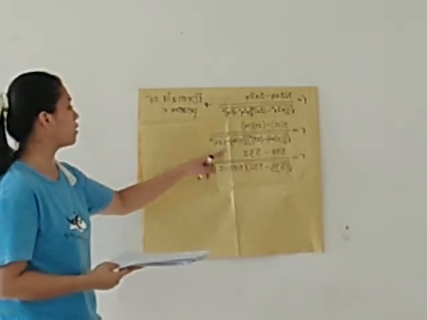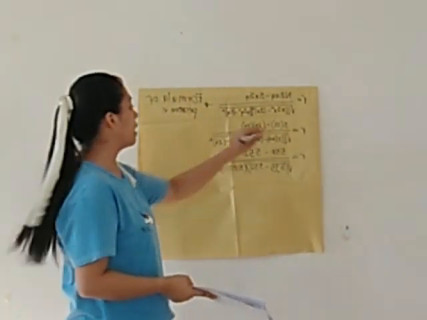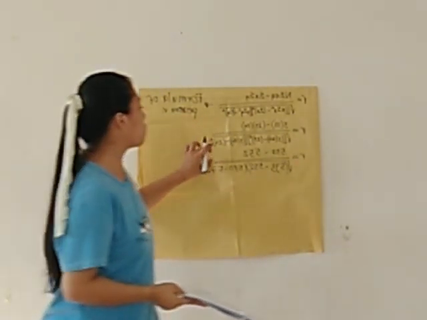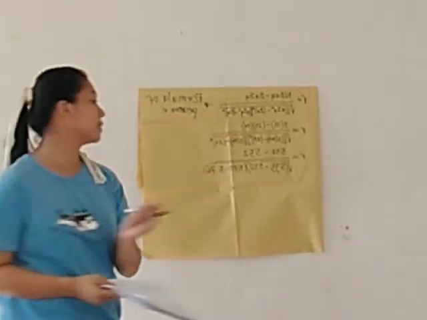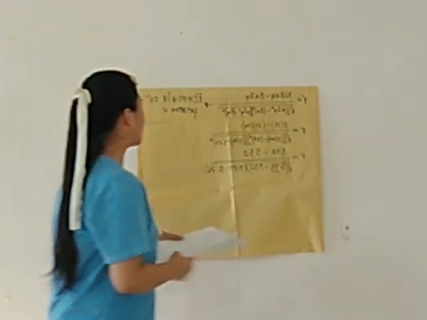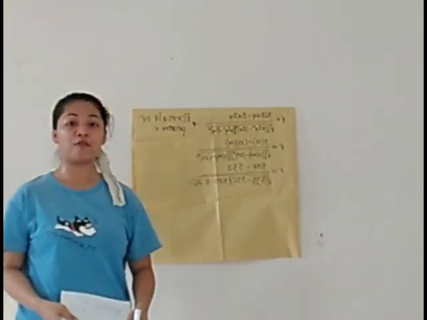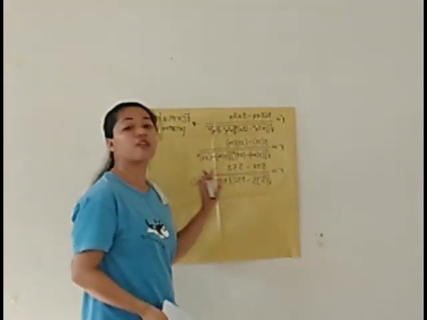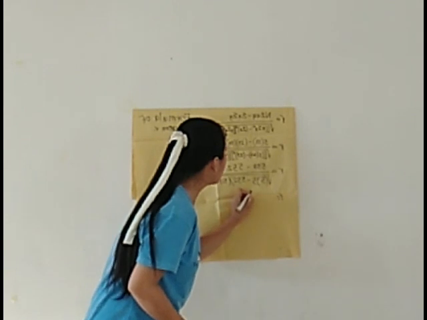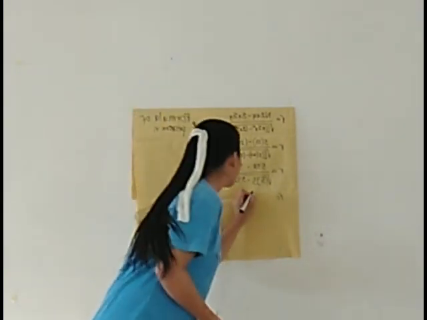Since we already multiplied all of the numbers above, the second step is we're going to subtract. Okay? 555 minus 552 is equal to 3.